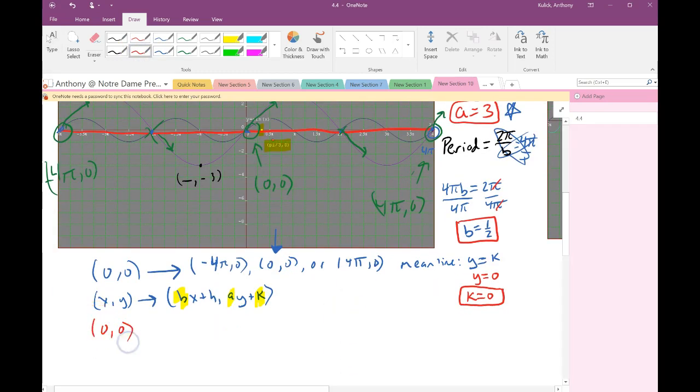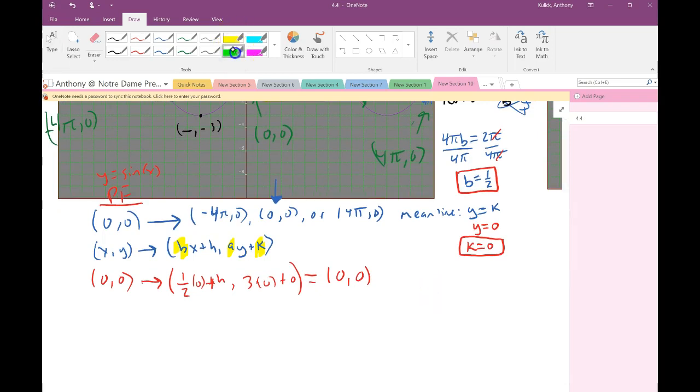So I have the point 0, 0. That's on the parent function, y equals sine x. And I have 1/2 times 0 plus h, 3 times 0 plus 0, and that has to equal 0, 0.